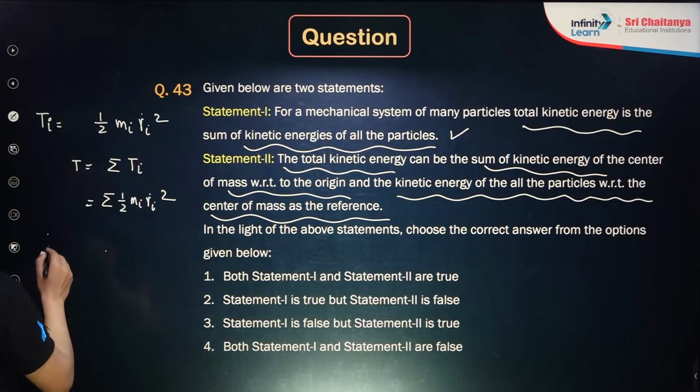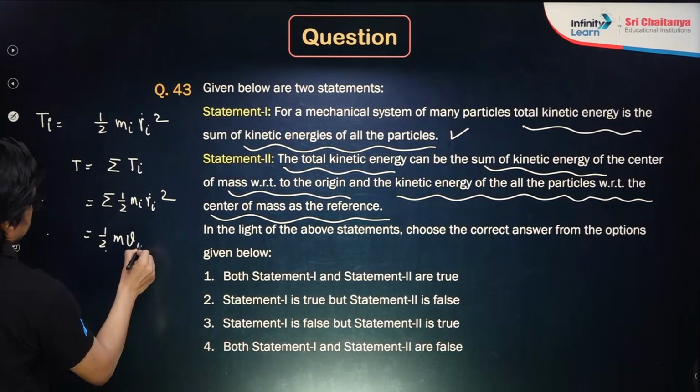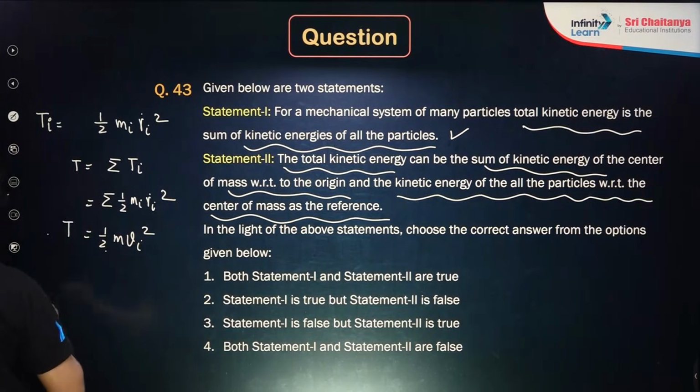Here ri dot is the velocity of the ith particle, the derivative. Now total kinetic energy T is the summation over Ti, which is summation of 1 by 2 mi ri dot square. For simplicity, let me write 1 by 2 m vi square, where vi is the velocity of the ith particle.